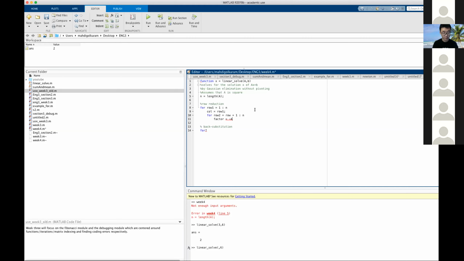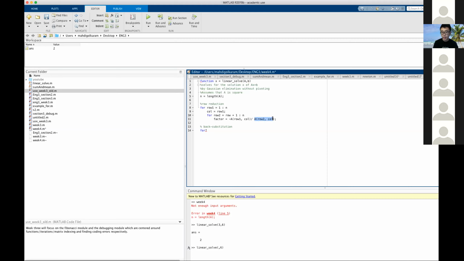So a factor is a simple calculation, it should be minus A row 1 column divided by A row 2 column. Right, so this is our factor. And if you look at the factor, we are trying to do some division, right?